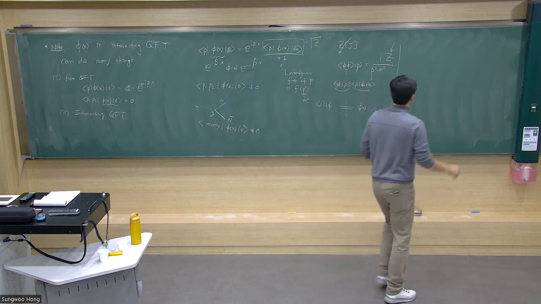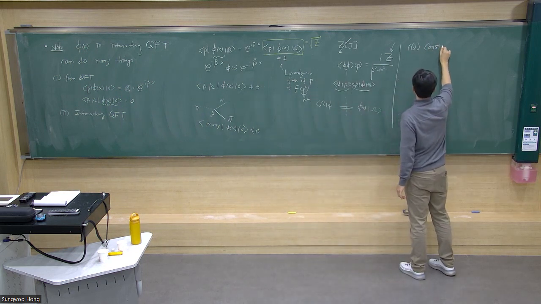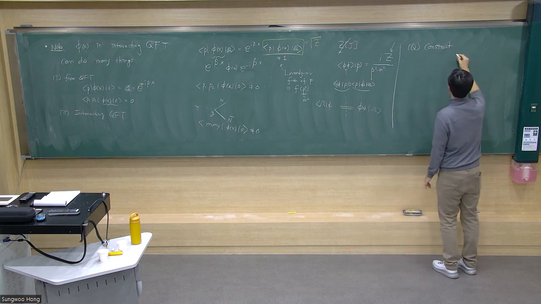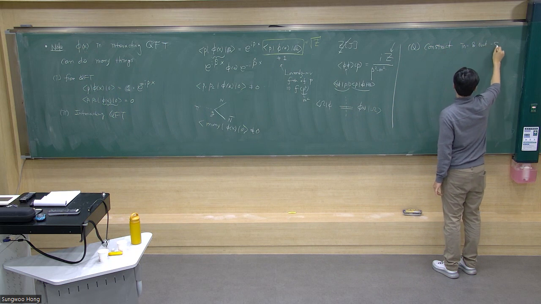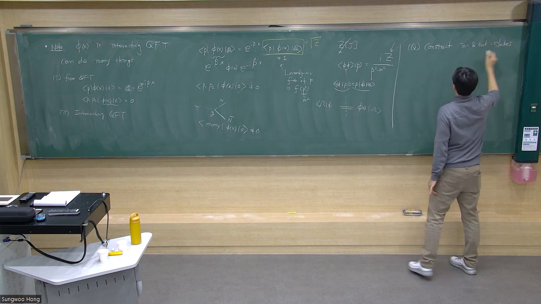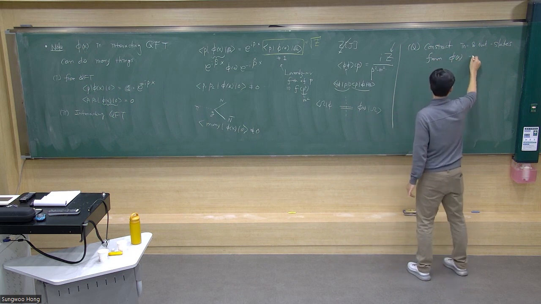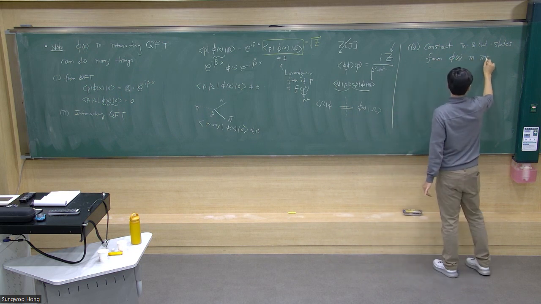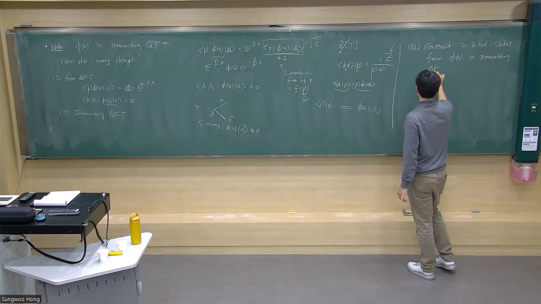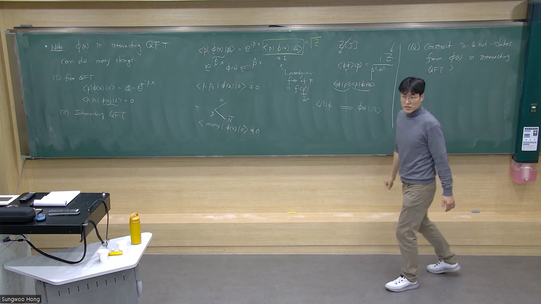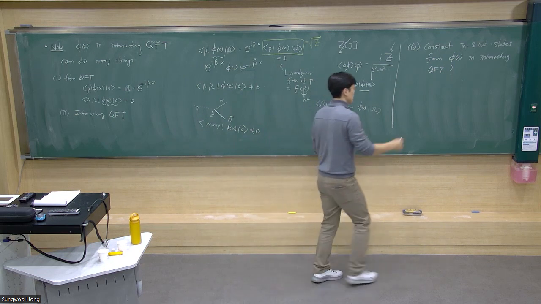So the question is, how to construct in and out asymptotic state from this field in perturbation theory. So that's the question. And I just brought up this issue to illustrate that it's not a trivial thing.